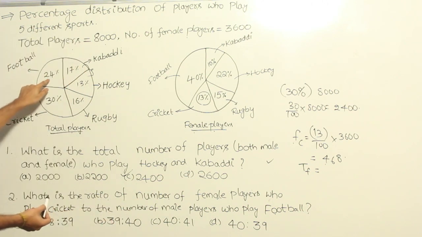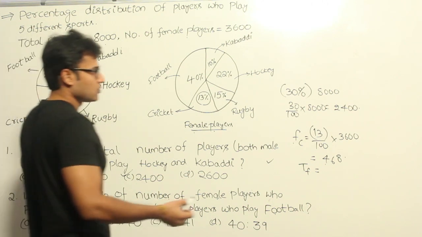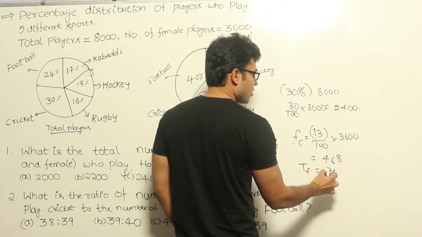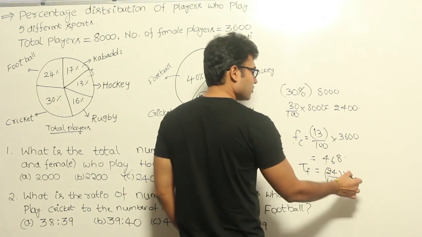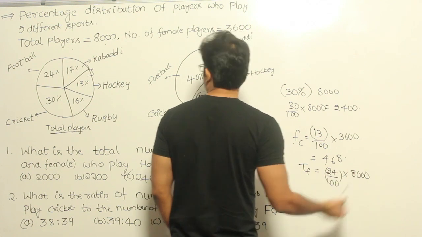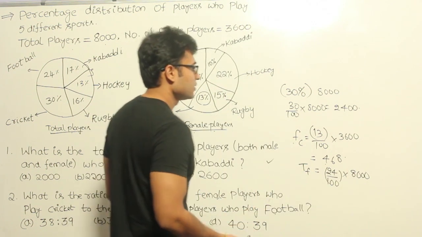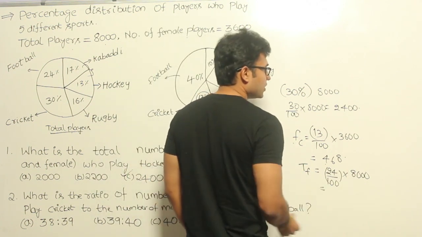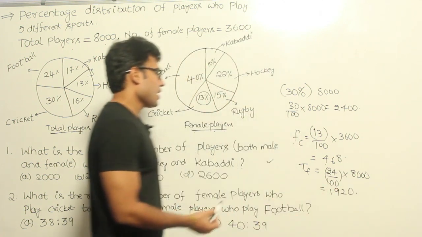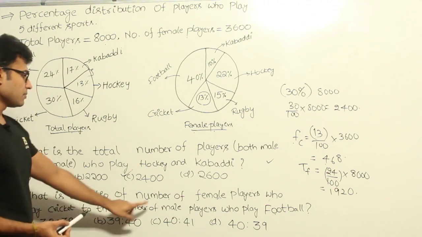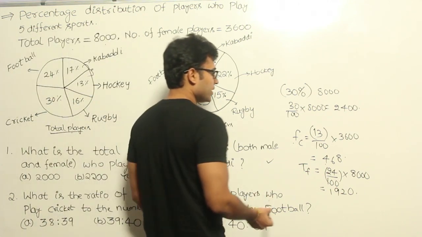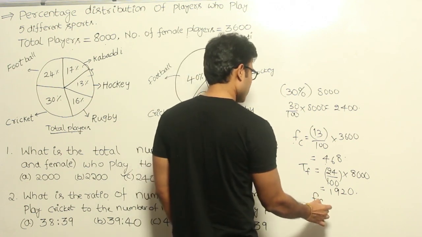If you see this, football is given as 24%, right? So 24 by 100 of the total number of players, which is 8000. Total number of players is 8000 here. So this is going to be 1920, right? But what we want is male players who are playing football. That is why I have to find out how many female players are playing football.